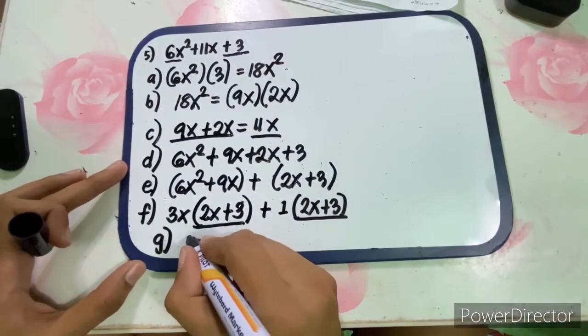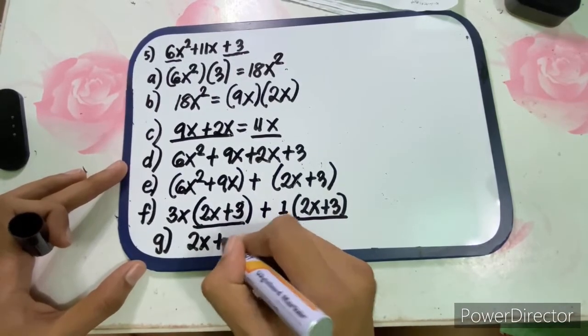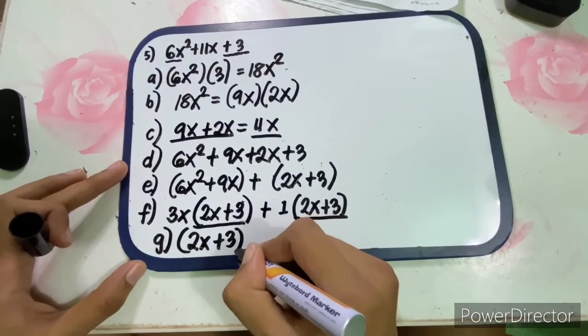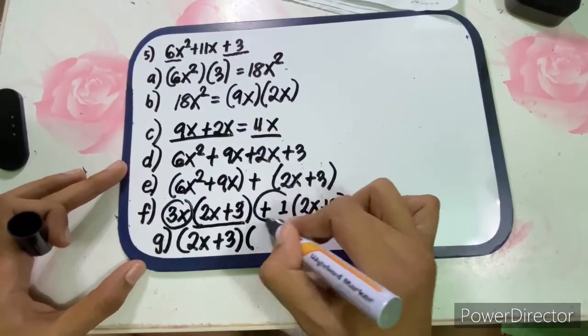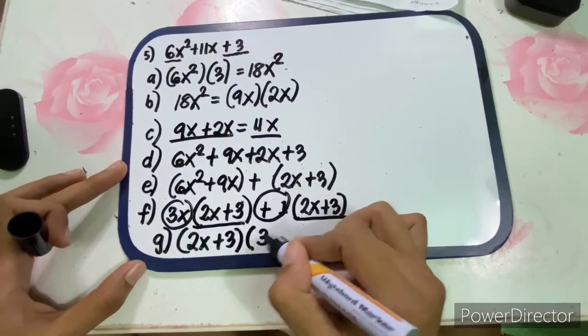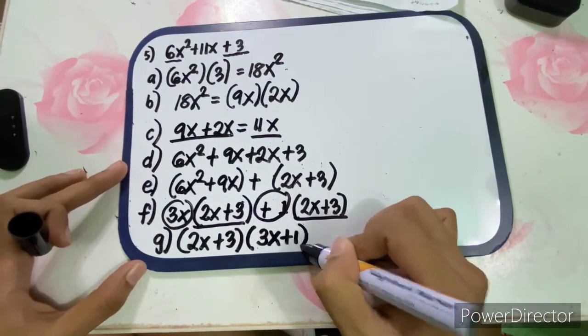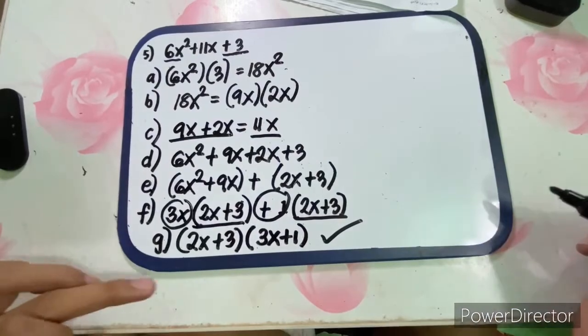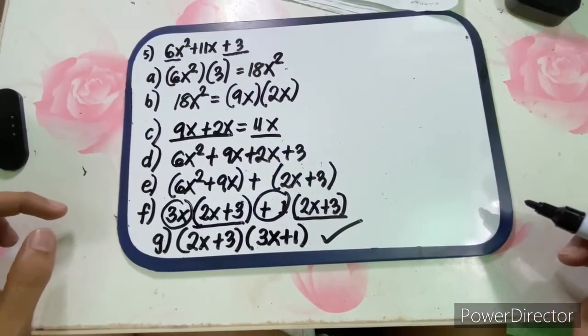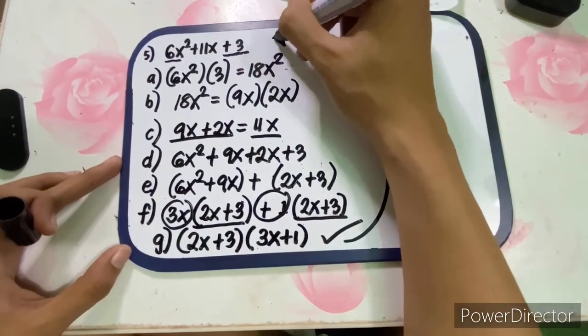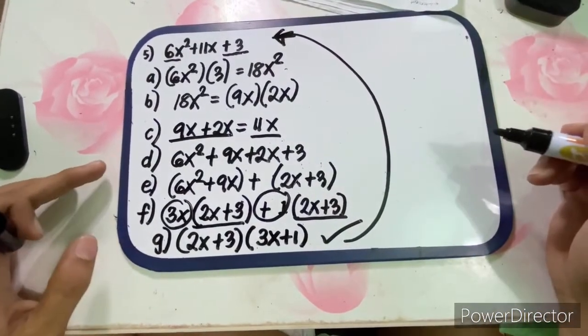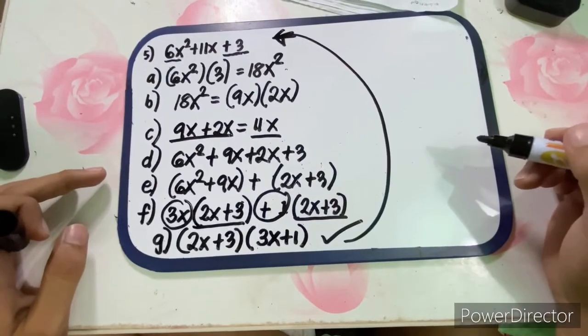It will become 2x plus 3, so this is our common binomial, times, copy this one, 3x plus 1. So therefore, 2x plus 3 and 3x plus 1 are the factors of 6x squared plus 11x plus 3.